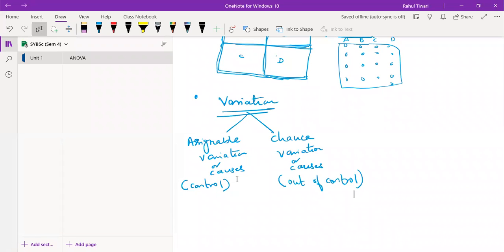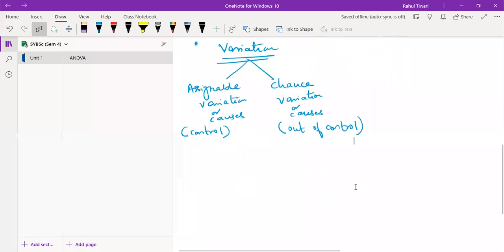For example, suppose you have a plant, some kind of tree, and you know that this tree needs about 20 liters of water every day. That is in your control.